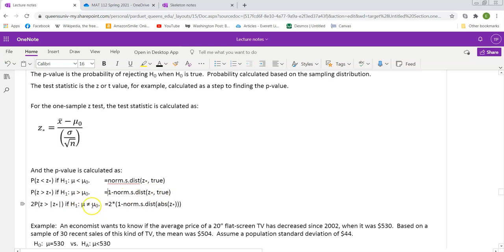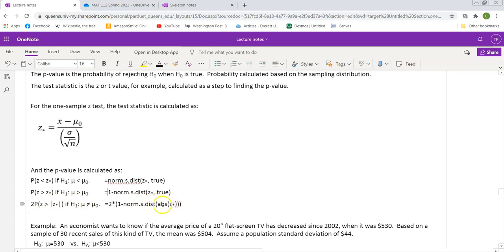For the two-tailed, for the not equal to case, we're looking for the probability that we would get data at least as extreme as what we got on either side. So we need to find one tail, which is going to be the probability that z is greater than the absolute value of the test statistic, and then multiply that by 2.